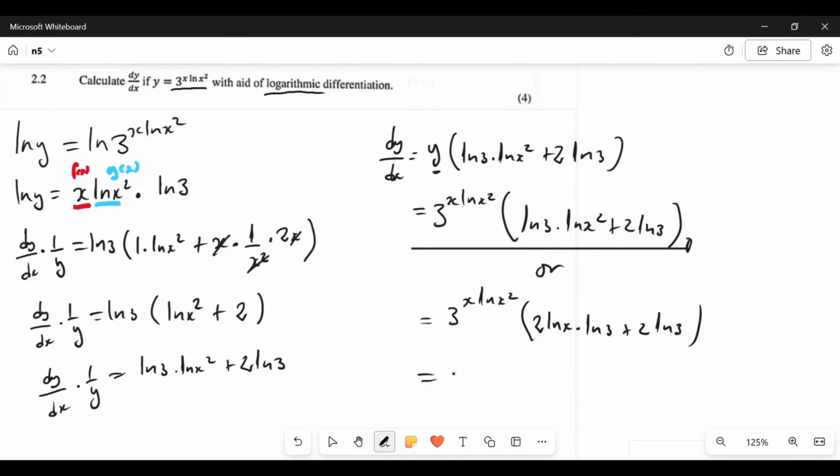So you can write it as 2 ln 3 multiplied by 3 to the power of x ln x squared, open bracket. If you take out this one here, we're going to be left with ln x there plus 1. So this can be your answer as well. But people, you can stop here or there. It's really up to you guys. So this is how you do this one.